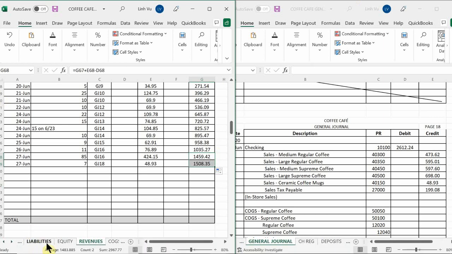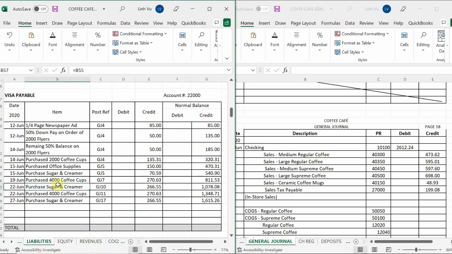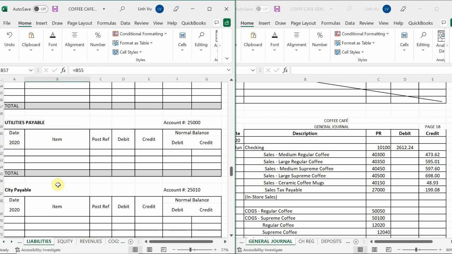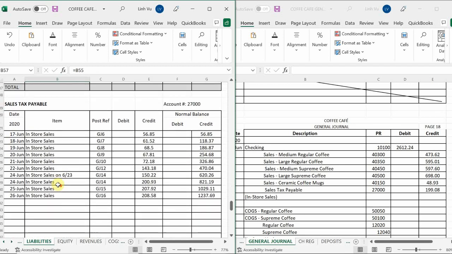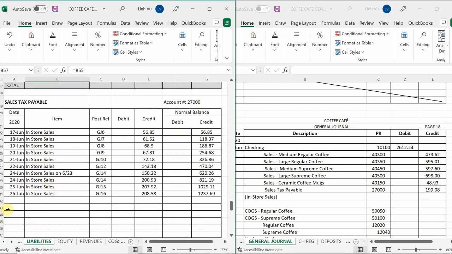So again, it's a liability because that's not money that we own. That's money that we're supposed to pay for our responsibilities of doing business in the city, state and county. So in this case, for my in-store sales, I've collected $199.08 worth of tax.